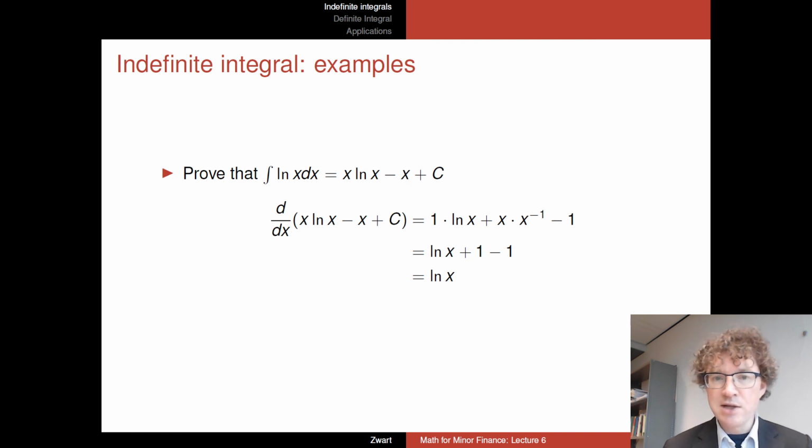So what we just did was take this guess and check that it works, in the sense that if we take its derivative, it does provide the log of x, the function that we were after. So indeed, x log x minus x plus any constant is the indefinite integral of the log of x. That's what we learned here.